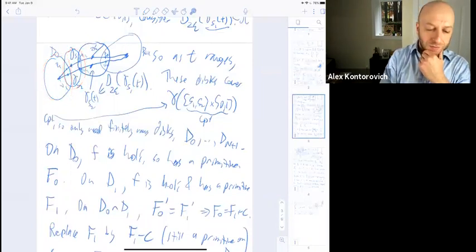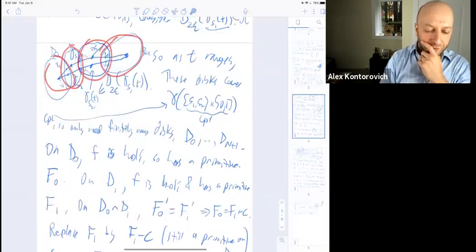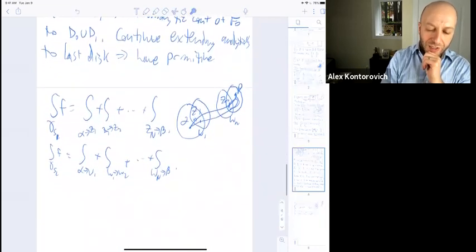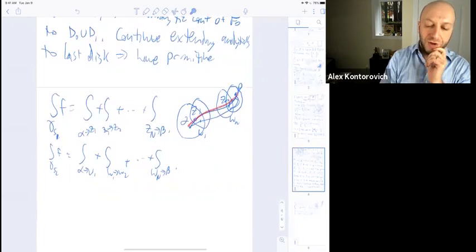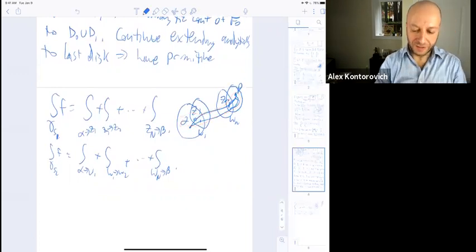So I'm taking a sequence of t values where the disks are centered and taking disks at those values in such a way that there's always overlap. So let's see where this argument will not produce... this argument is not trying to argue that there's a global primitive, if they loop around. Right, if it loops around, that's the real question.